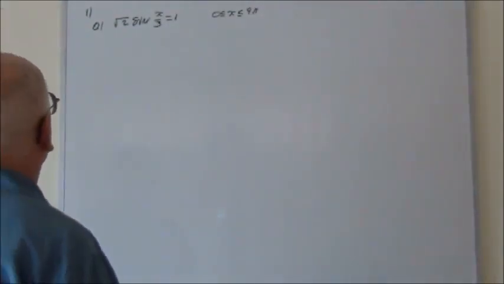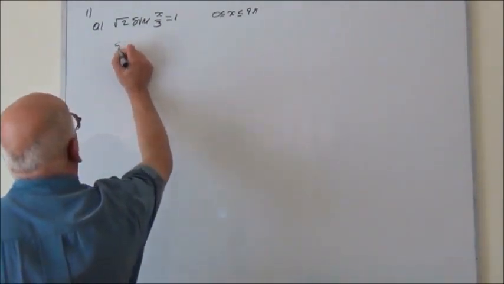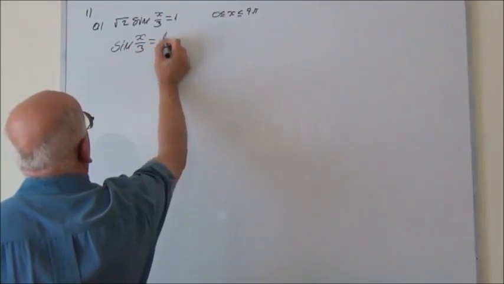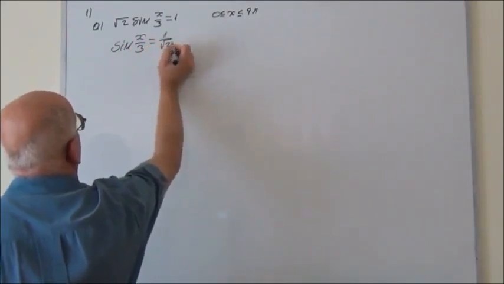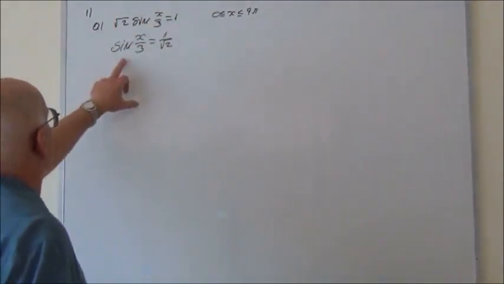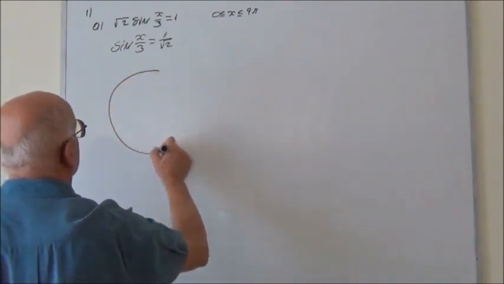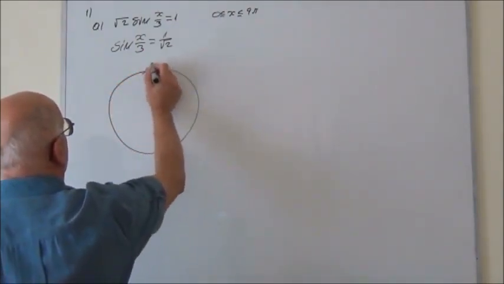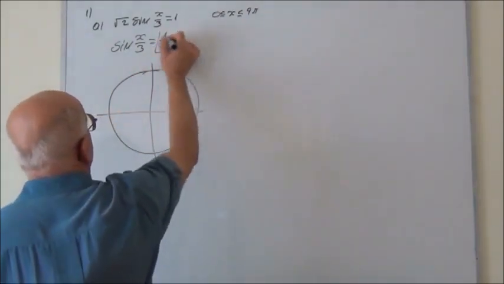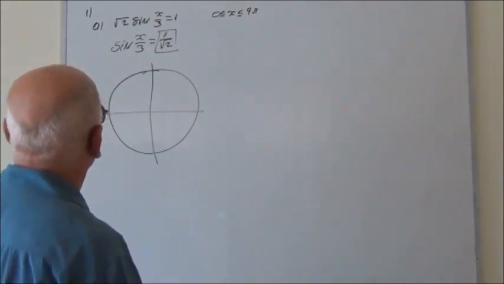So, adjusting this equation a bit, we will have sine x on 3 equal 1 on root 2. So simply dividing the equation by root 2 to get the simplest possible equation. And we said we always should start with this number in the unit circle.